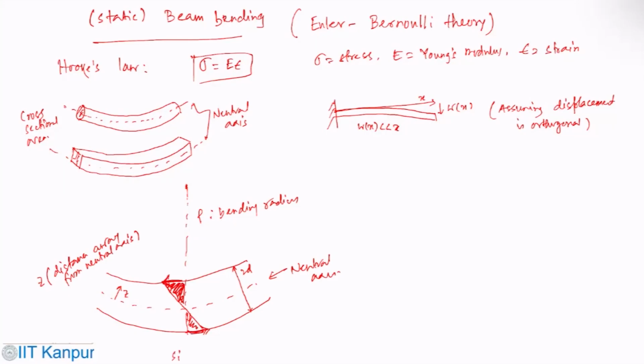So this is my side view. This side would be tension, and this is my compression. Okay. Now, if you look at the section, this is the neutral axis.